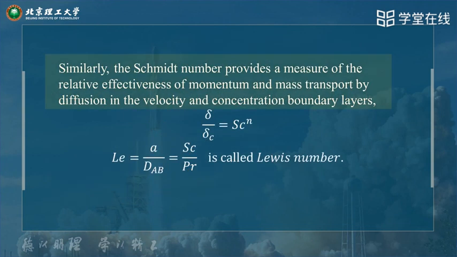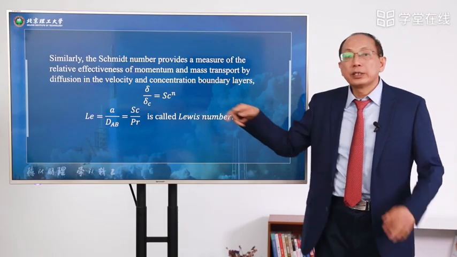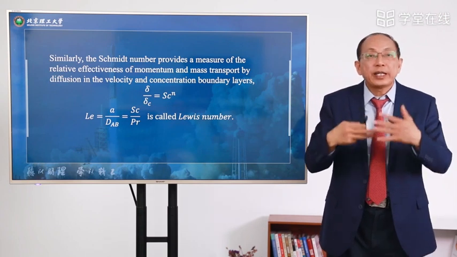Similarly, the Schmidt number provides a measure of the relative effectiveness of momentum and mass transport by diffusion in the velocity and concentration boundary layers. So delta over delta C, where delta C is the thickness of the mass transfer layer, equals Schmidt number to the power n. So here is the relative thickness.